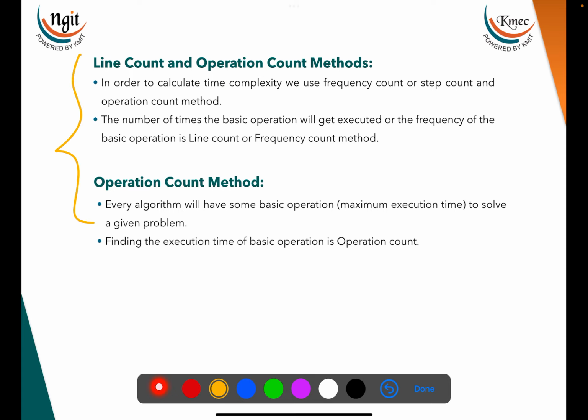And this is time complexity. The space complexity formula is S of P equal to C plus SP. Time complexity is the amount of time required to run the algorithm implementation. Now the methods to calculate time complexity, that is, to measure time complexity, are line count and operation count.